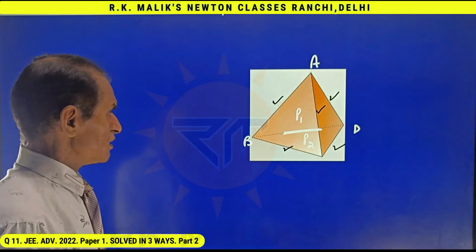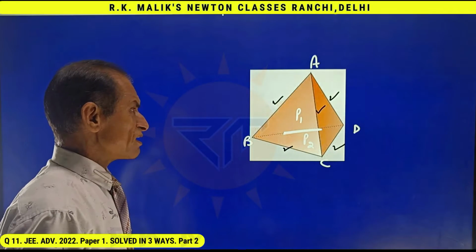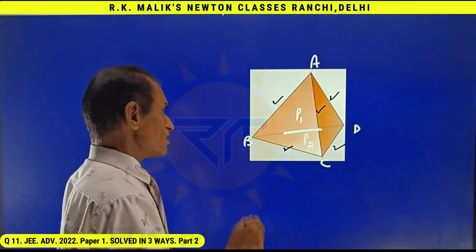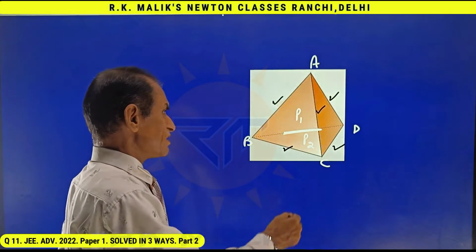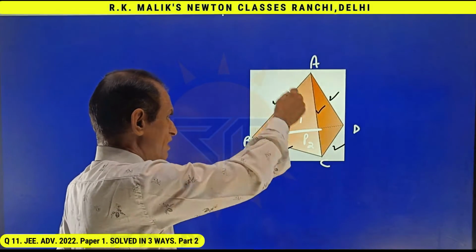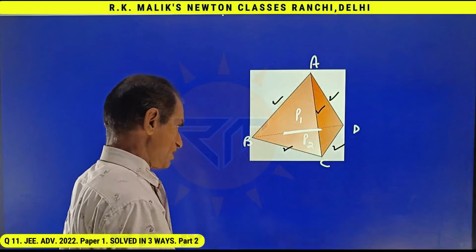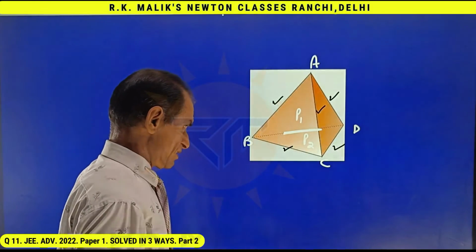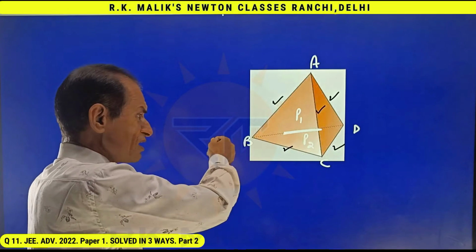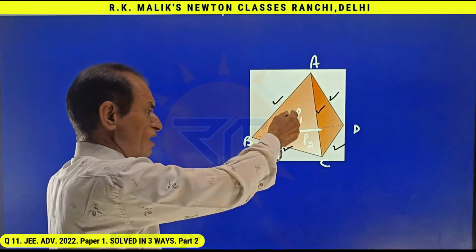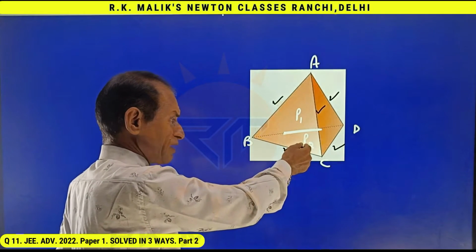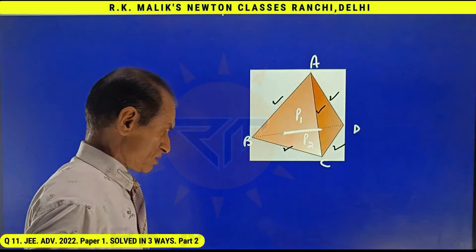Just to recall, again I will tell you that a line will work as an edge of the tetrahedron if that line is of the type AB, AD, CB or CD or AC. BD is the line of intersection of P1 and P2 that is already given to us.